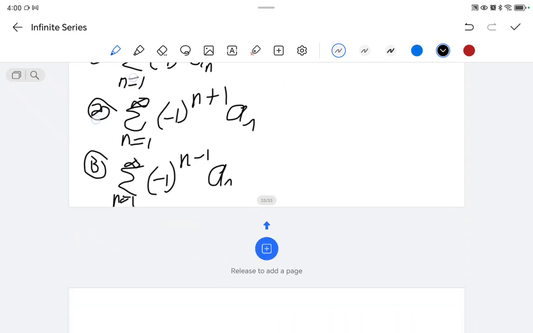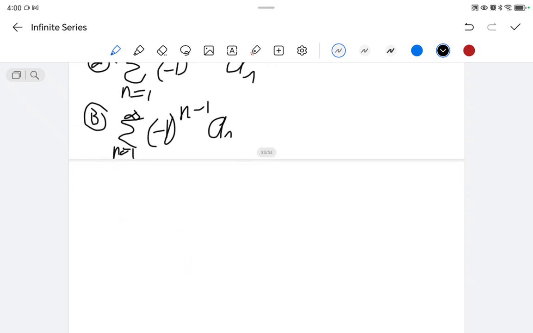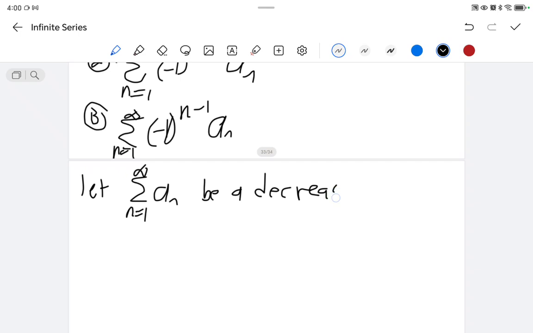So now let's say this. We can let a of n be a decreasing sequence.